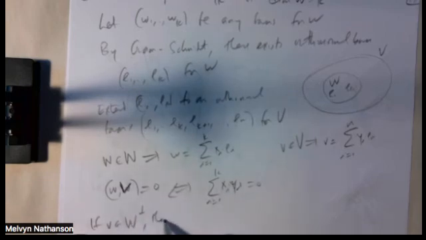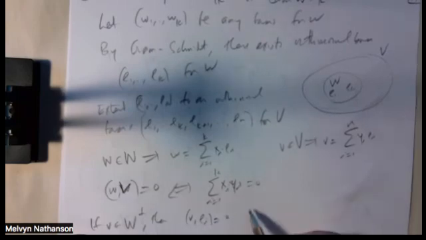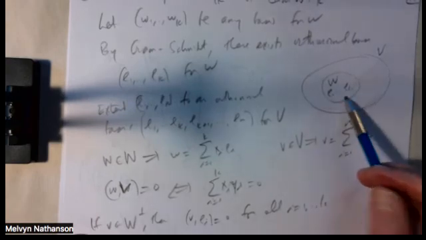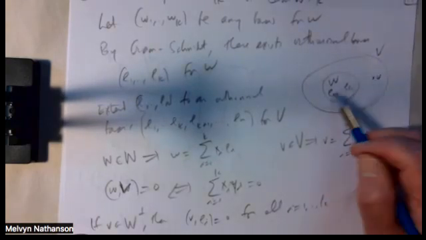Maybe a nicer way to see this is, if v is in W perp, then the inner product of v with ei is 0 for all i from 1 up to k, because e1 up to ek are in W, and the vector v has to be perpendicular to all of these.